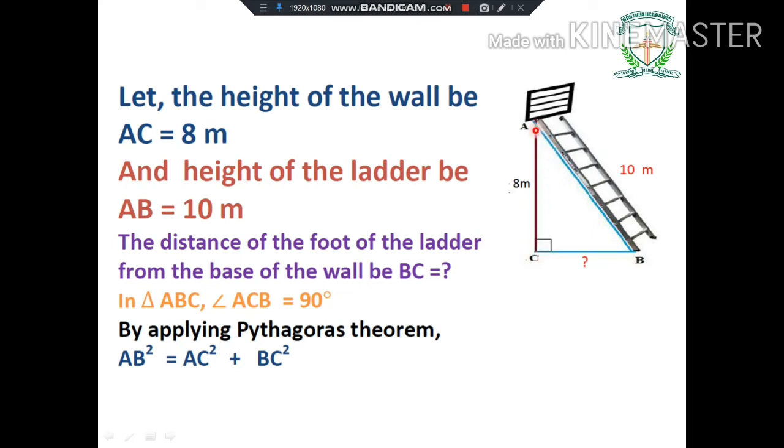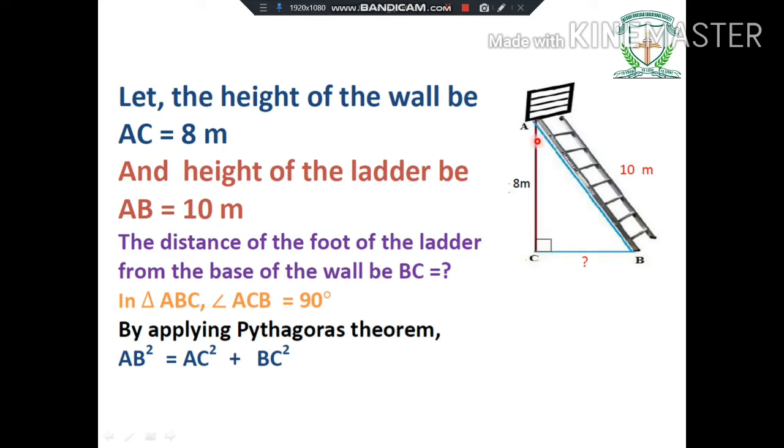Now here is a triangle ACB, which is right angled at C. Whenever there is a right angle triangle, we can easily apply Pythagoras theorem. Now AB becomes the hypotenuse. So according to Pythagoras theorem, AB square is equal to AC square plus BC square.